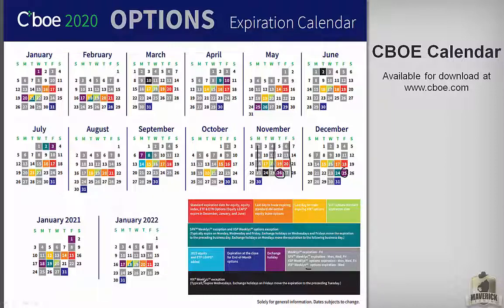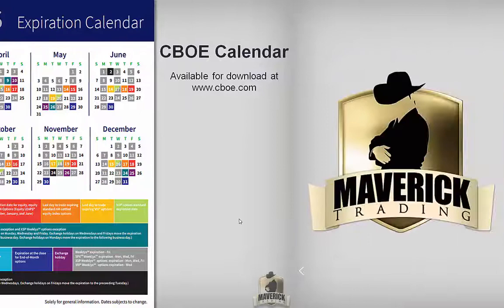And then last but not least, you've got VIX weekly expiration, and sometimes there's some of those. There's a black mark right there for that VIX expiration. So you can download that calendar at cboe.com. Kind of helpful that way and kind of fun. Some of these will have end of month expirations, and you can see how those are highlighted as well.